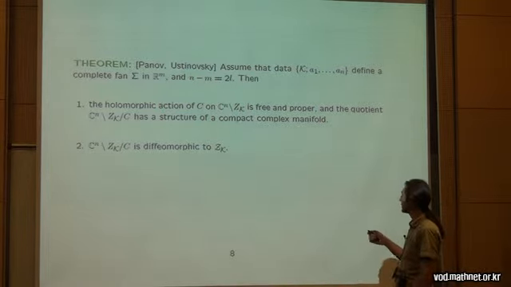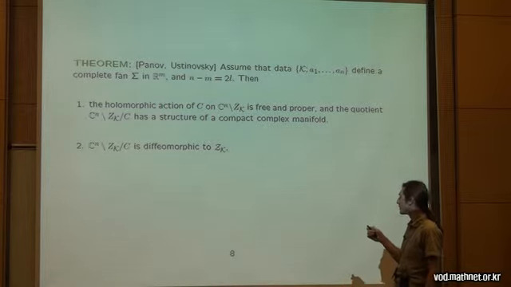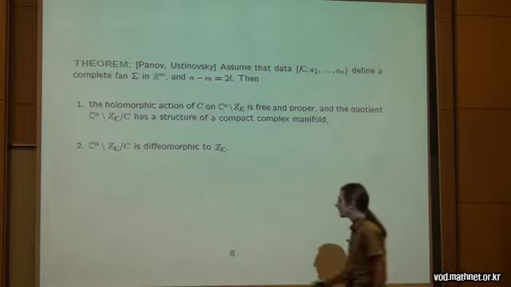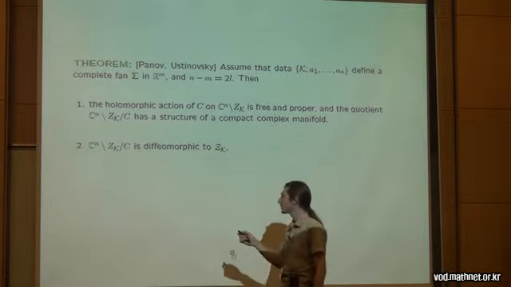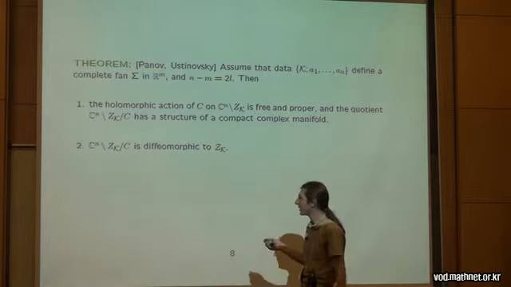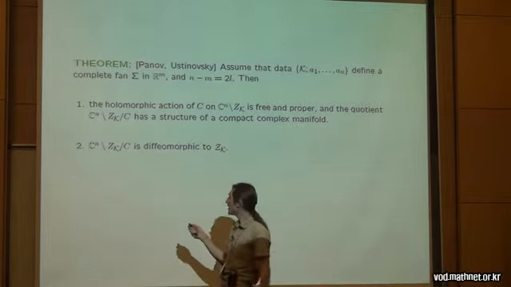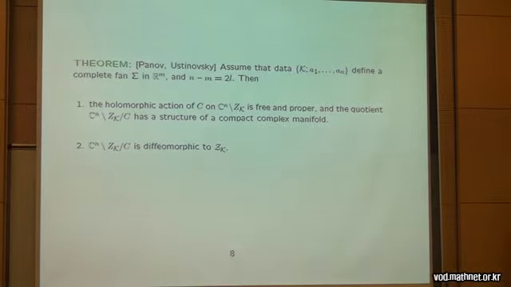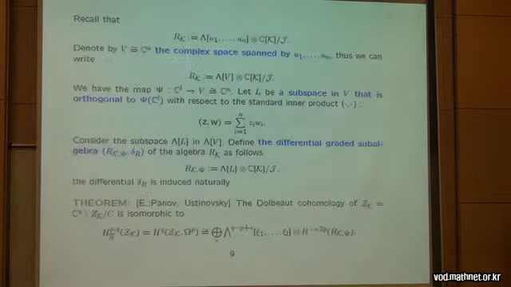Then we can consider the space C^n minus U_K and consider the quotient space. There are two facts. First of all, this is a complex manifold because it is a good action, and second, this complex manifold is diffeomorphic to our moment-angle manifold. So in this fashion, we introduce the complex structure on our moment-angle manifold.